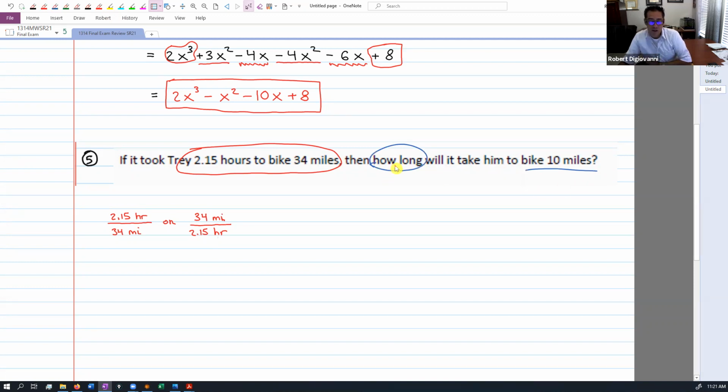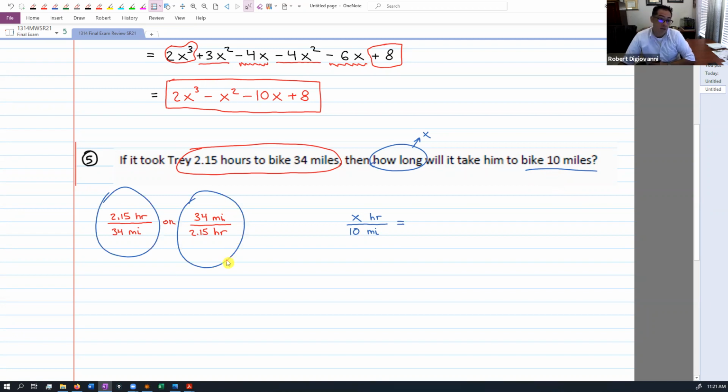So how long is going to be the x for us? And the 10 miles is going to be the other part of the fraction that we know. So we always put the x on top, x hours over his miles, 10 miles. And we want to solve for x. So we're going to set this equal to one of these two proportions.